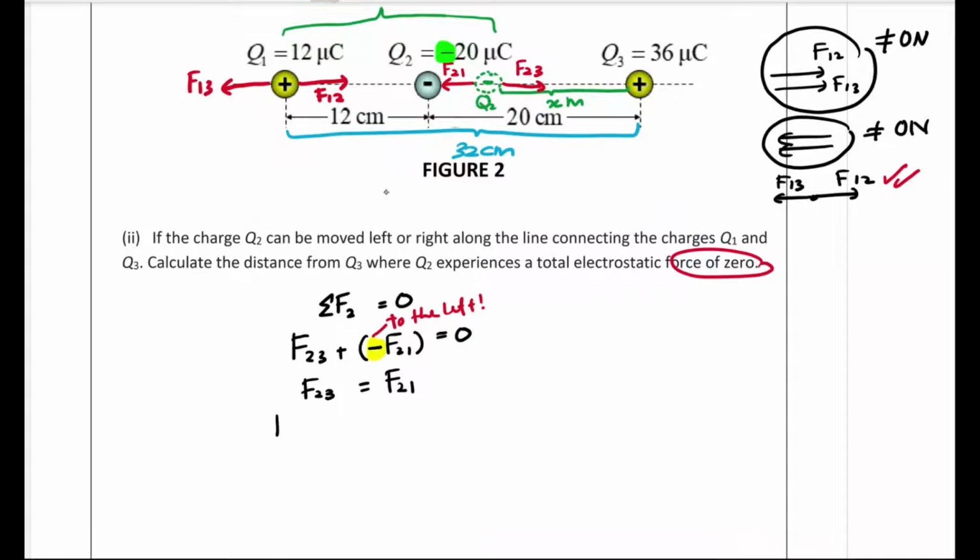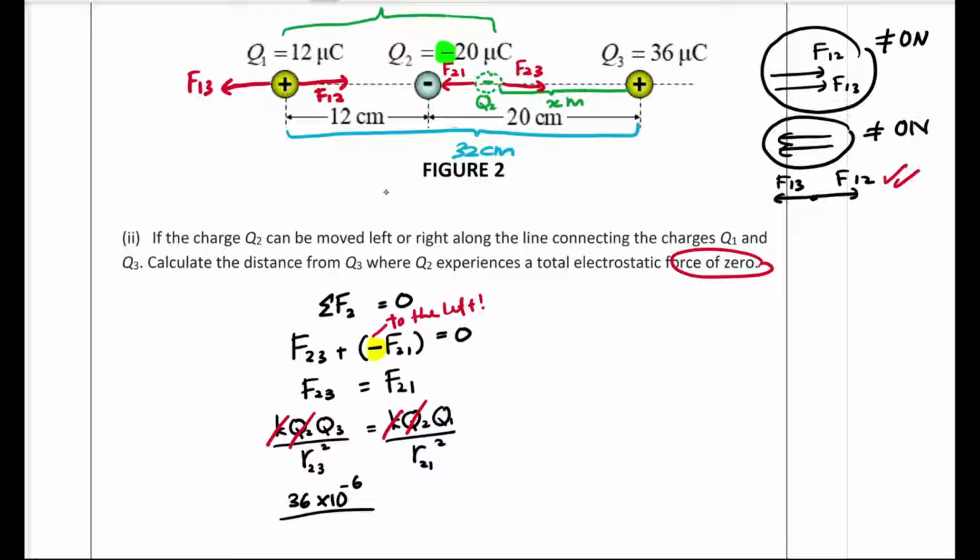So, kita pun tulis. K Q2 Q3 over R23 squared equal to K Q2 Q1 over R21 squared. So, this one we can cancel. Q2 pun kita boleh cancel. Okay. So, now we substitute the value of Q3. The Q3 is 36 micro.